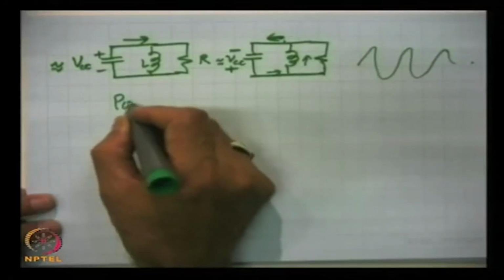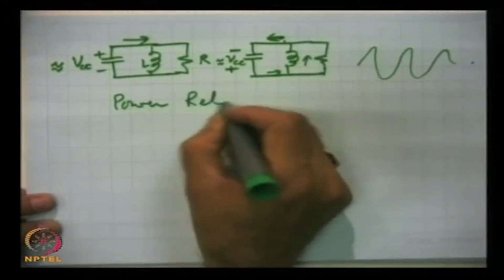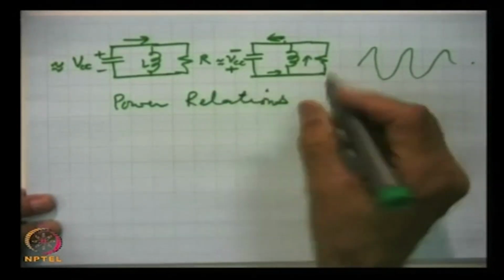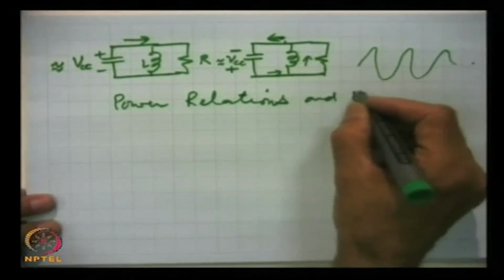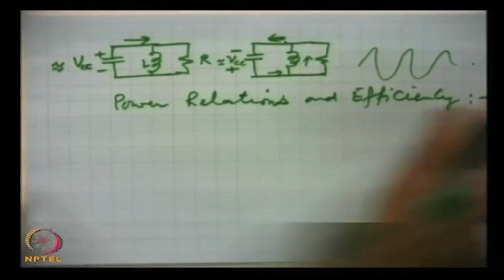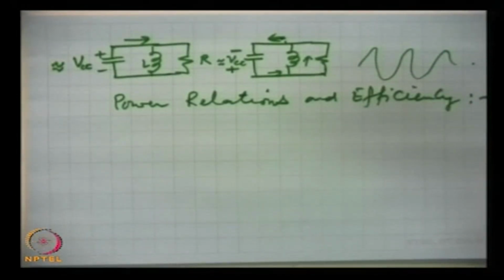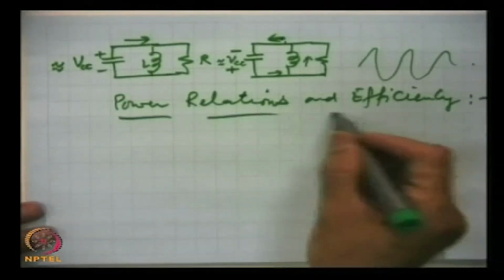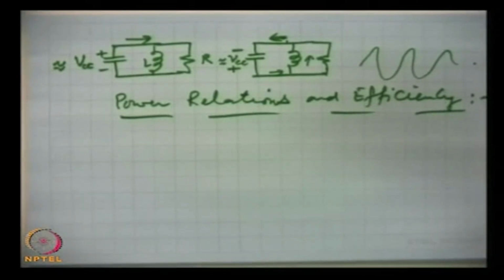Now, power relations and efficiency. I have said that the transistor in class C operation is off for a major portion of the input signal.